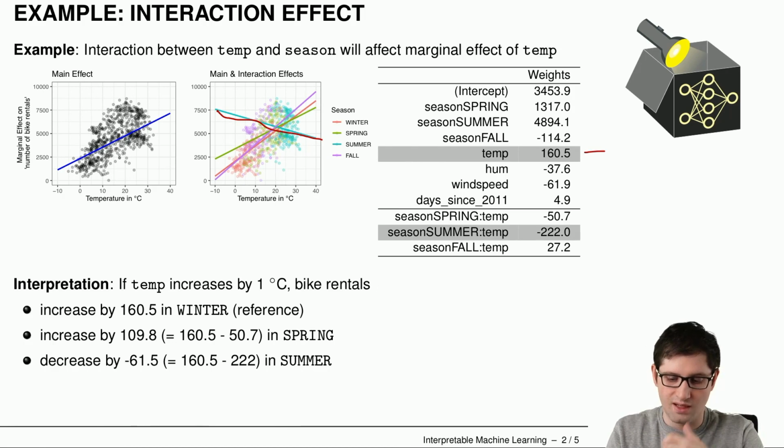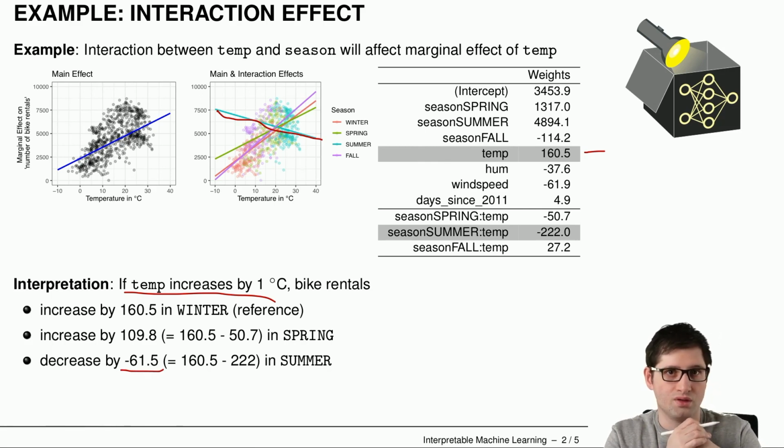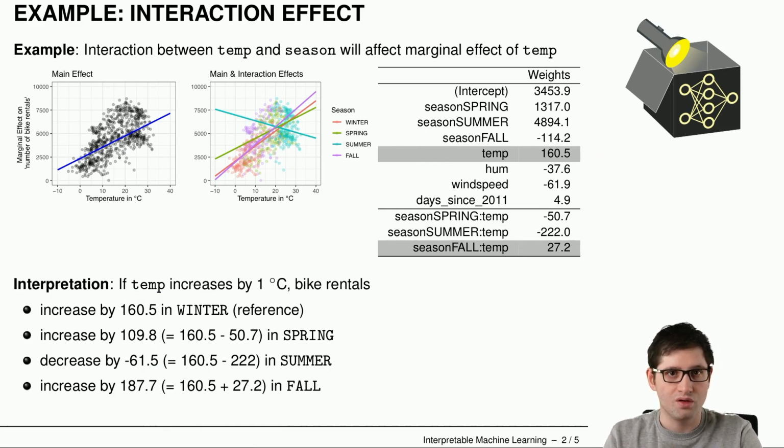Meaning that, again, compared to winter, so changing from winter to summer, the effect of increasing temperature by 1 unit will lead to a decrease of about 61 bike rentals. And last but not least, for the fall season, the interpretation is similar.